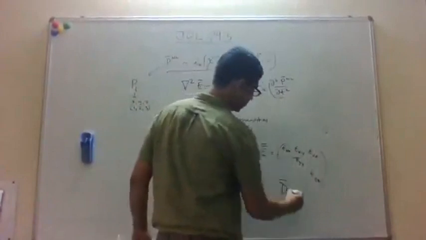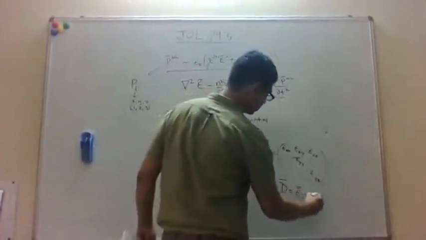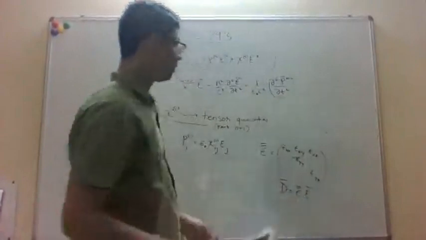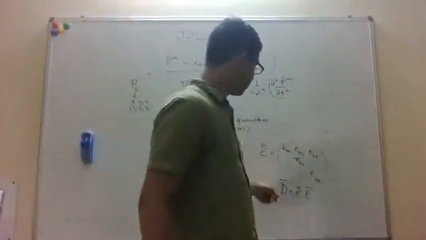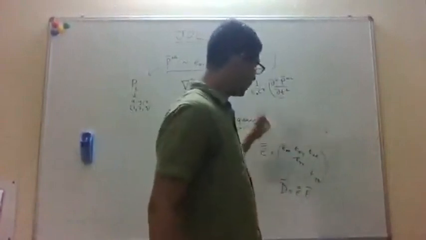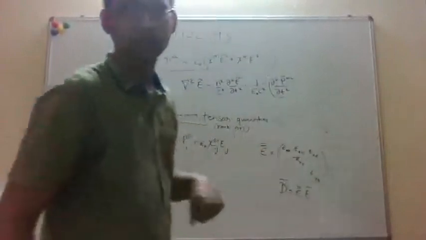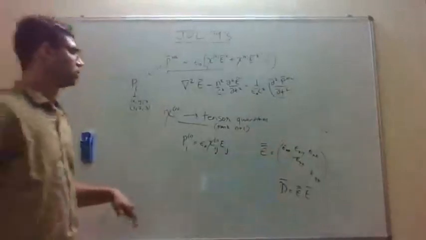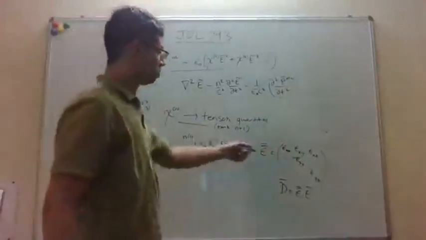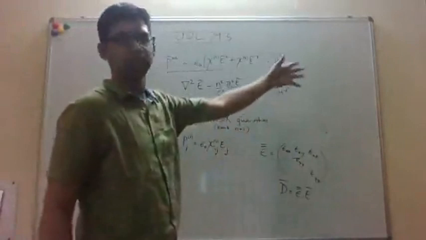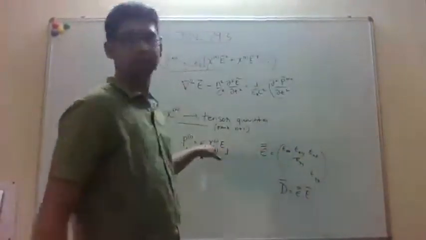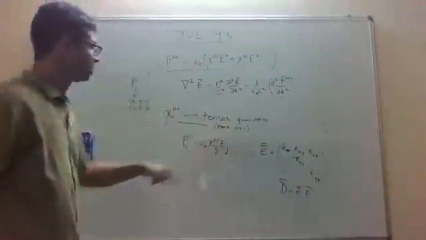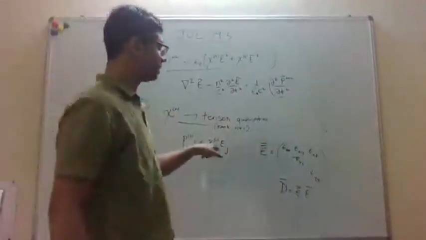So this is defined as some tensor quantity. Depending on which direction you apply the electric field in, the displacement acquired in some direction is given by that particular index. So we saw epsilon is basically 1 plus chi, so that's what this chi ij is. The linear susceptibility has two indices.